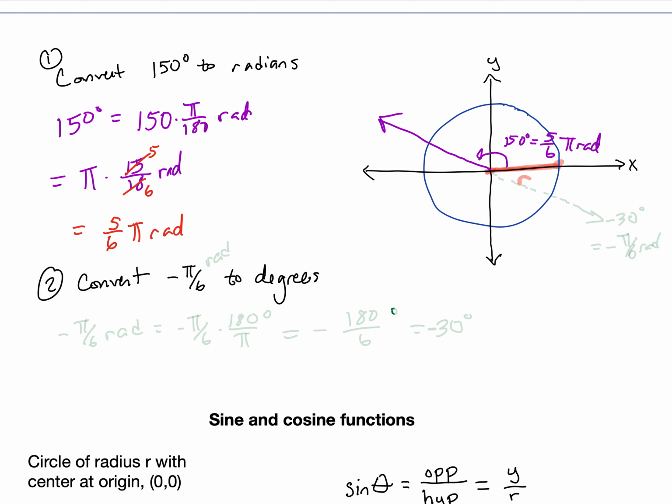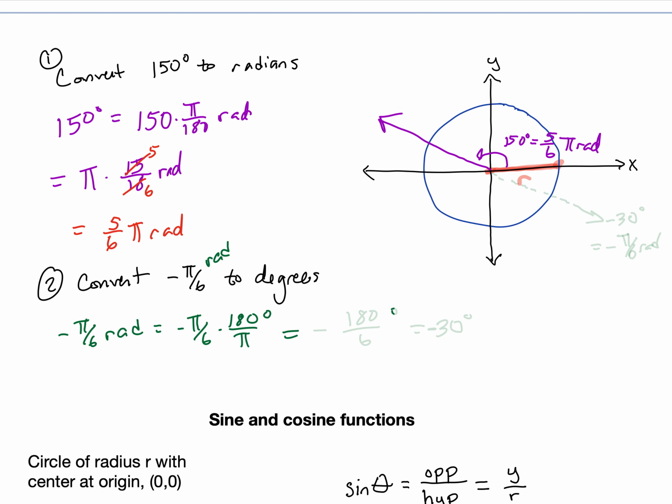Now to convert negative pi over 6 radians to degrees, I need to multiply it by the reciprocal. I need to multiply it by 180 over pi. So negative pi over 6 radians is equal to negative pi over 6 times 180 over pi degrees.